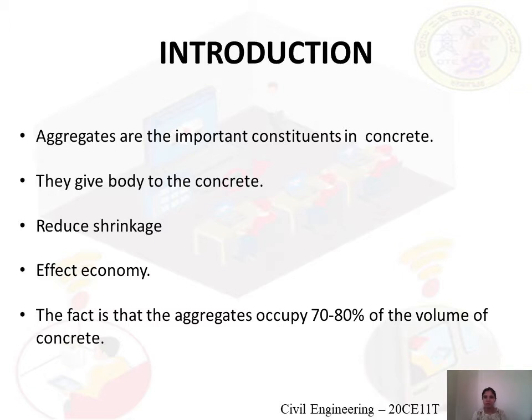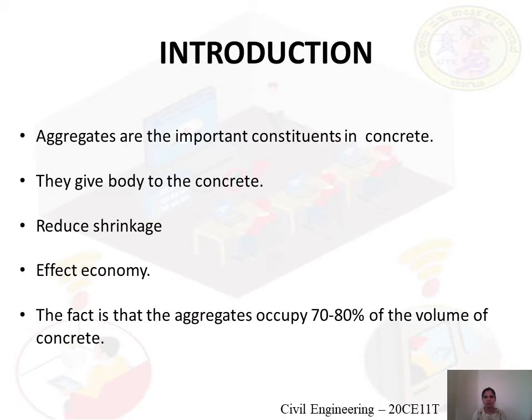Nowadays cement is used as binding material, but lime was a common binding material in the past. Usually cement is used nowadays. Natural sand, gravels from riverbed and crushed rocks are used as aggregates.